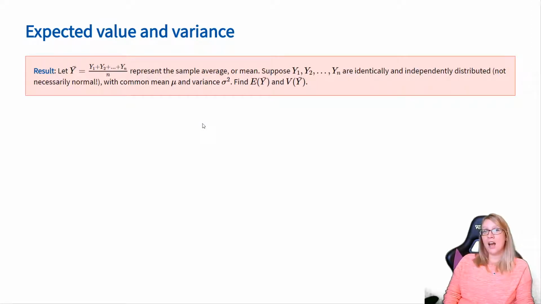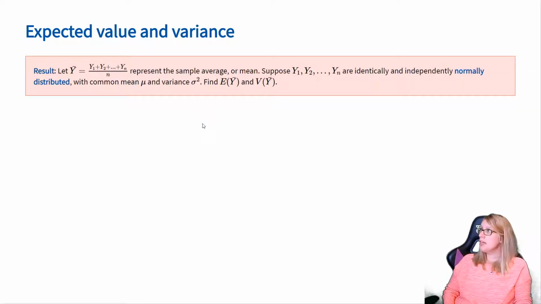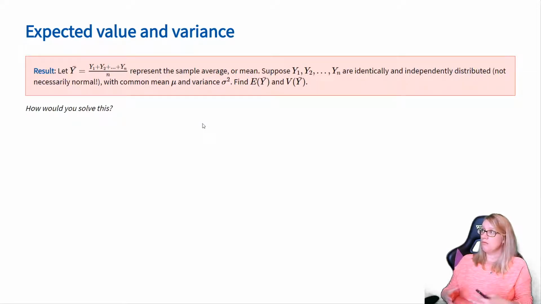They might not be normal. We haven't made this normality assumption yet. Let's find the expected value and variance of the sample mean. Again, we're not making any distributional assumptions. Well, how would we solve this? We would find the expected value by applying our properties of expected values. Try to solve this one on your own at home.